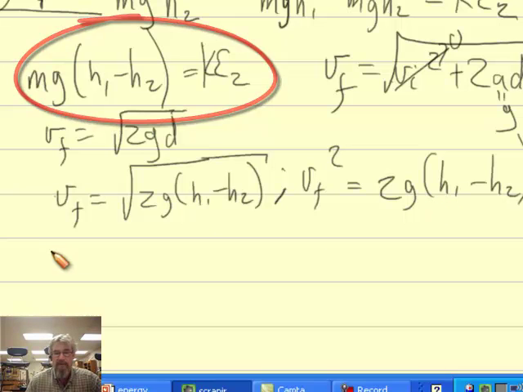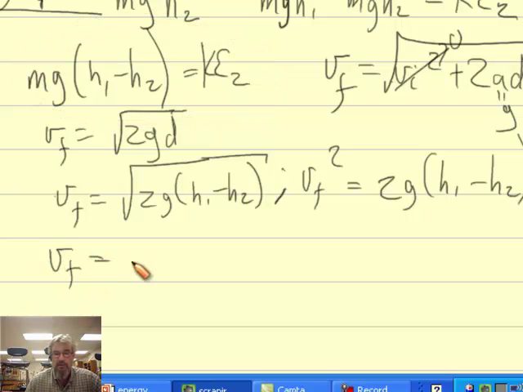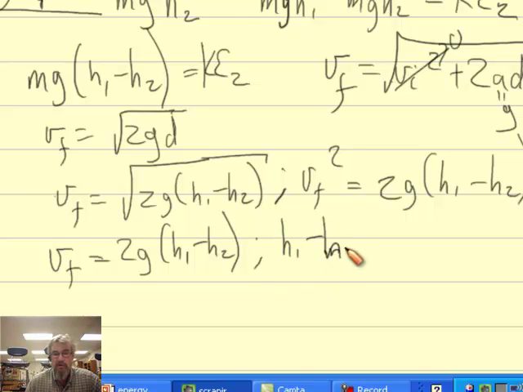So I'm going to solve for that. First, I'll clean this equation up a little bit. Vf squared is equal to 2g times (h1 minus h2). So if I divide both sides by 2g, I find that h1 minus h2 could be replaced with Vf squared over 2g. That Vf was squared there.